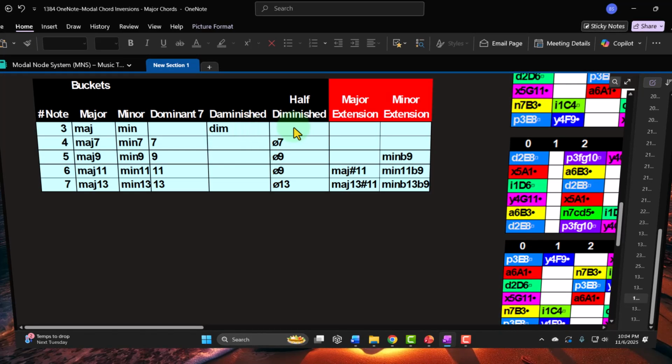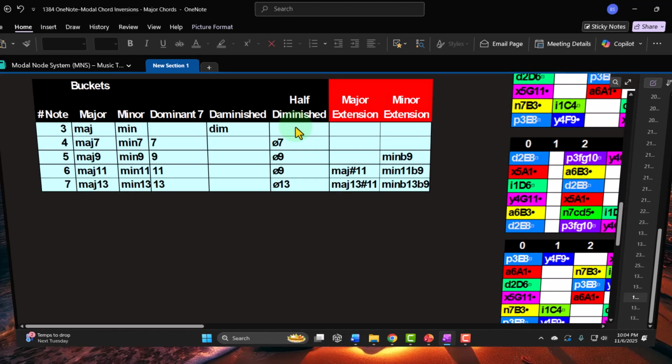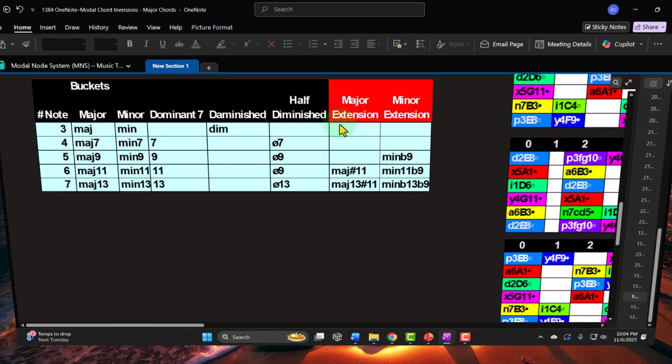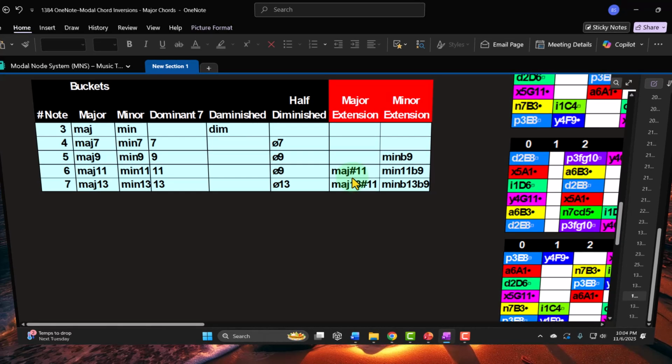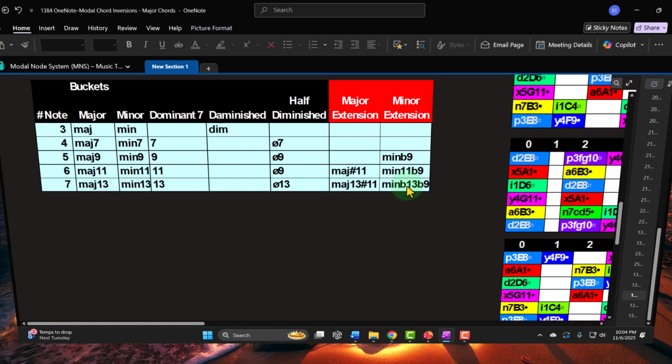The diminished and half diminished buckets are two buckets that you need just to cover those chords built off of the Locrian node, and then the extension buckets are going to be the major extensions that could be for those major chords that need an extension, and then the minor extension for the chords that need a minor extension when we add more notes. So this doesn't really tell you, again, context.